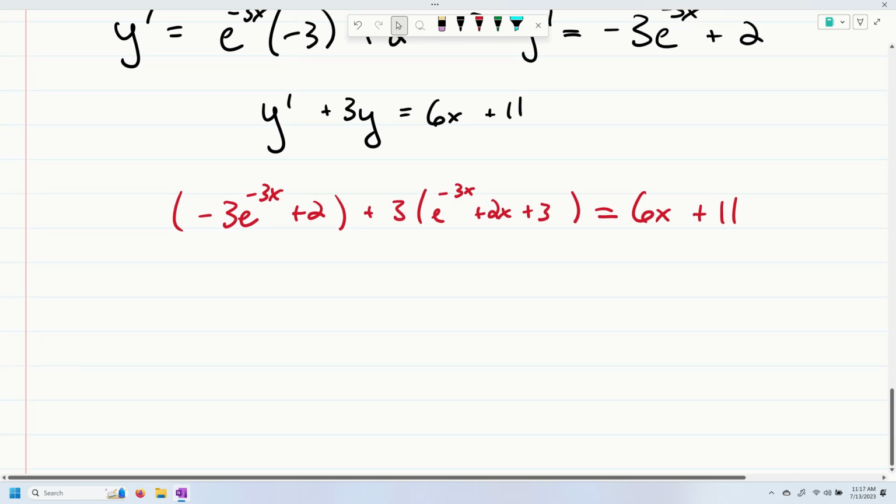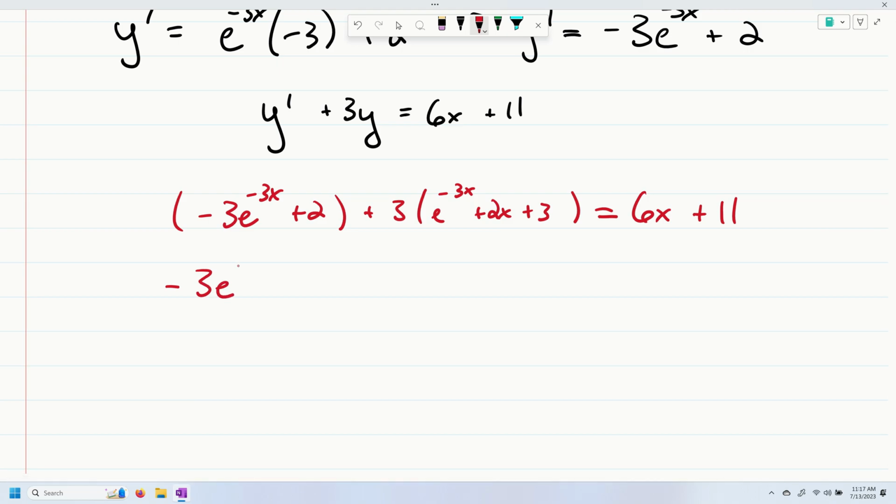So let's go ahead and remove the parentheses by distributing. We get negative 3e to the negative 3x plus 2 plus 3e to the negative 3x plus 6x plus 9. And that should equal 6x plus 11.